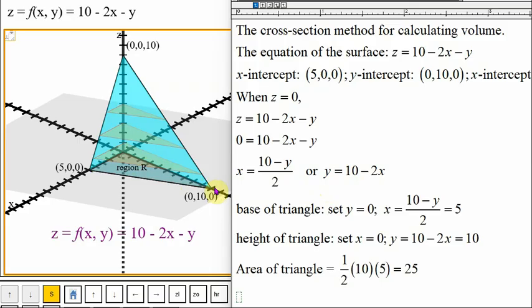Notice that this is a right triangle, so the area is 1/2 the base times the height. The base is 5 and the height is 10, so the area is 1/2 times 10 times 5, which is 25.